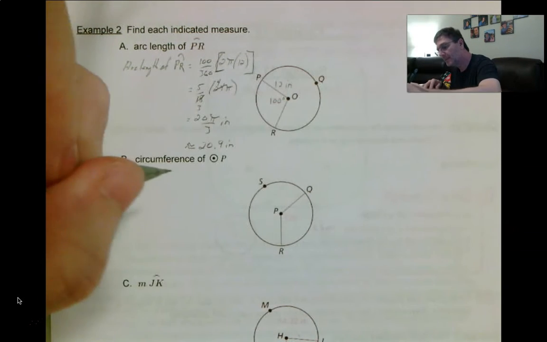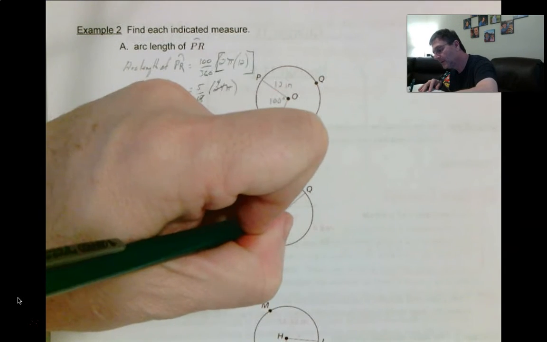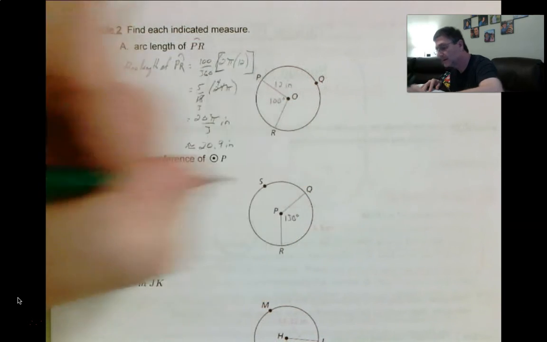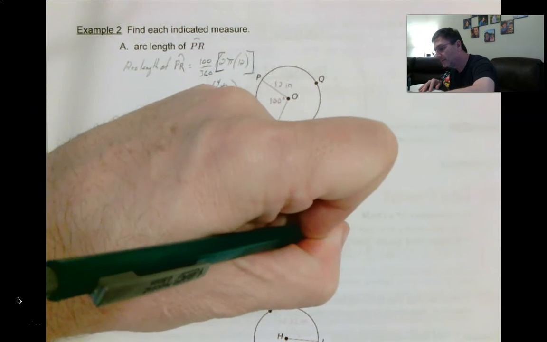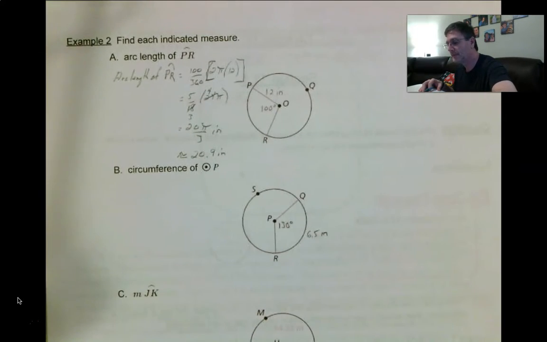Part B, we want to find the entire circumference of this circle. This is 130 degrees. I know it's a little light, and 6.5 meters is the arc length of QR. So again, we can still use this formula to find the circumference.